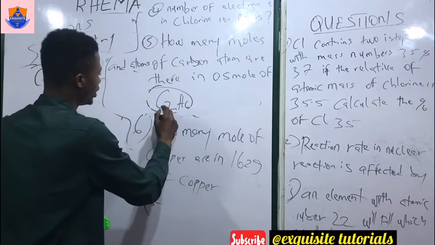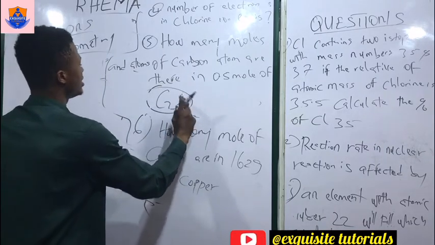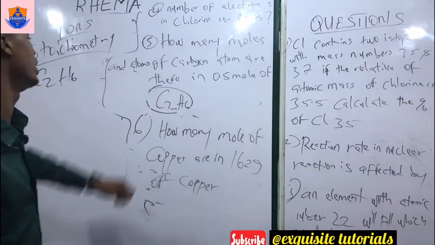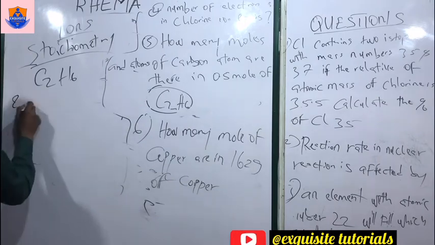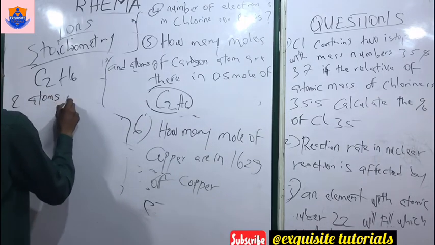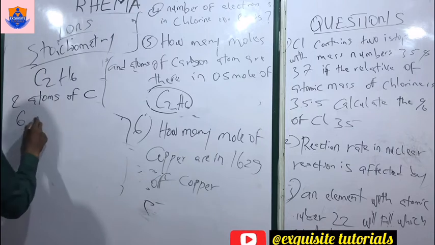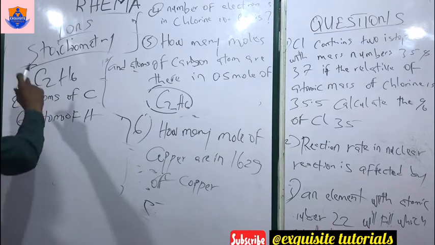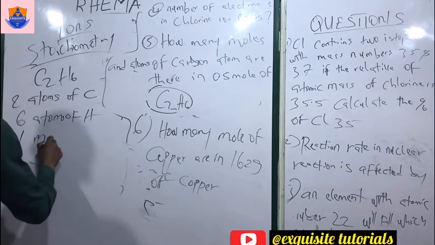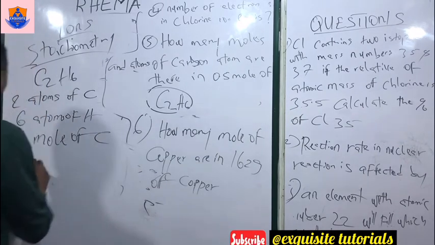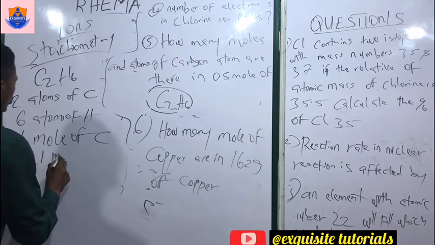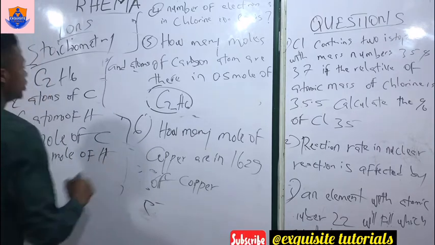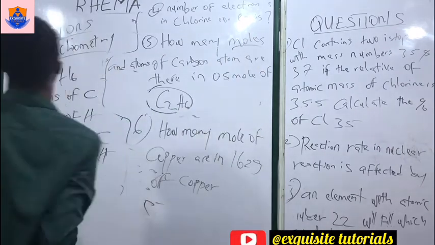But here, there is 2 attached to carbon and 6 attached to hydrogen, which is to tell you that a molecule of ethane contains 2 atoms of carbon and 6 atoms of hydrogen, but the same, 1 mole of carbon and 1 mole of hydrogen.